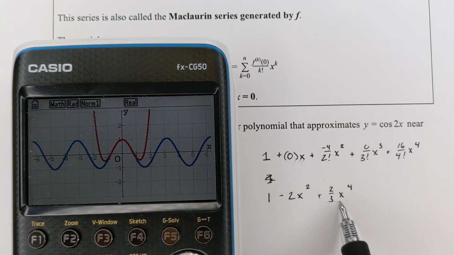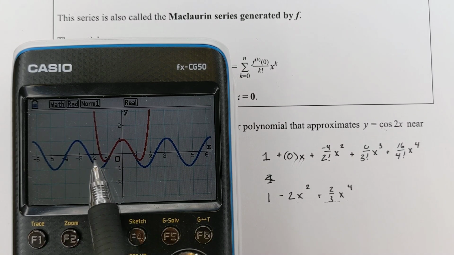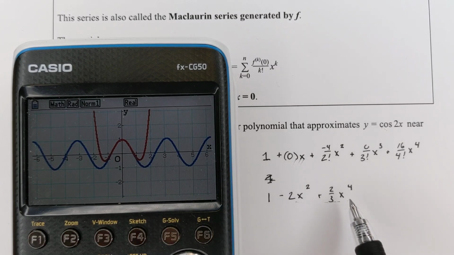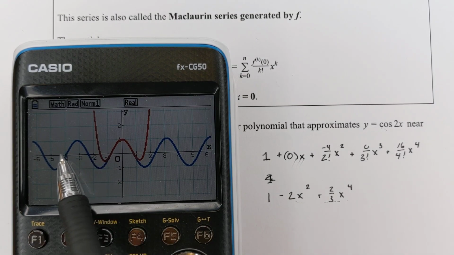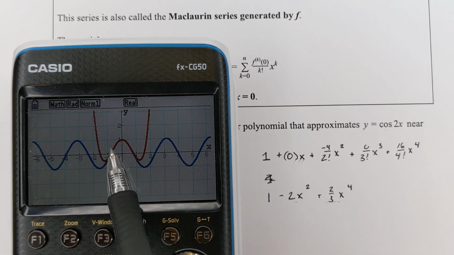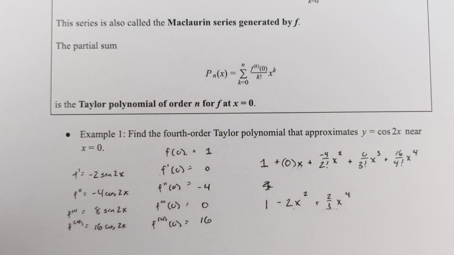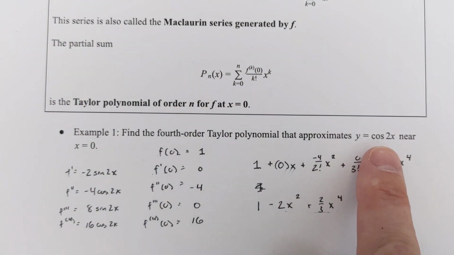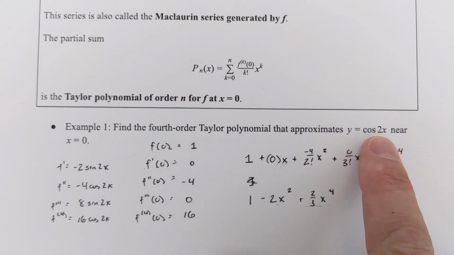The red one is my approximation. If you look close to x equals 0, so close to the center of the graph, the two lines match up pretty well. The more terms this gets, the more closely the red curve will match, or the farther out it'll match. But close to 0, it's almost a perfect match. It doesn't start to break up until you get farther out away from here. So that's what it means by having a polynomial approximate an actual function. The graph of this is very close to the graph of this close to x equals 0.